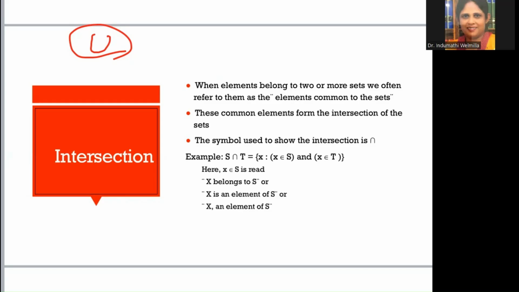The intersection operation is denoted by this symbol.